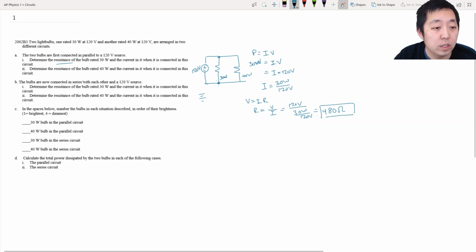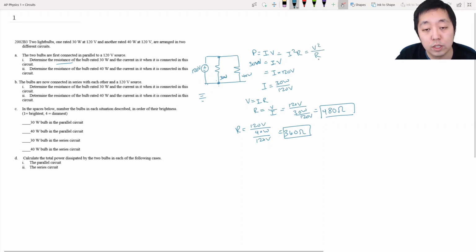Next, the resistance of the bulb rated 40 watts. Well, I do the same thing for the second one, but it's rated at 40 watts instead. 360 ohms. Now, you might recognize in this calculation, some people learn that for a resistor, there's two other ways you could write power. Power is equal to I squared R, or it's equal to V squared over R, depending on which one you want to use.